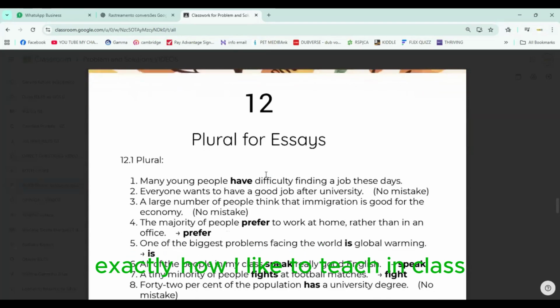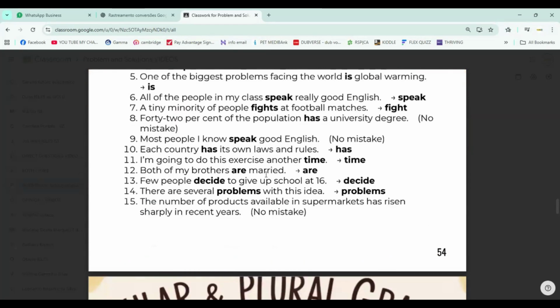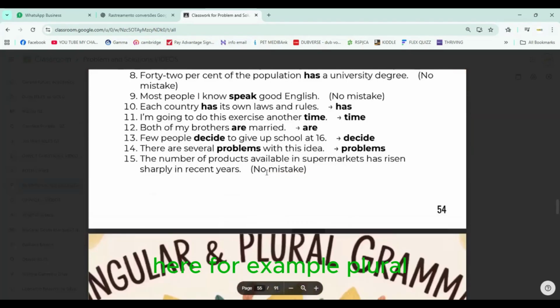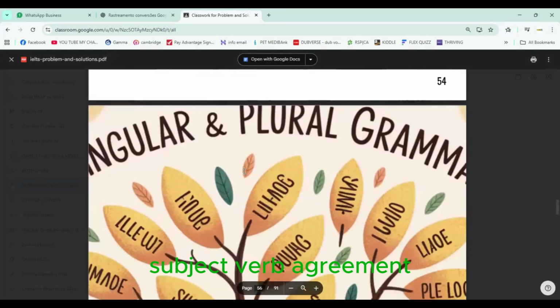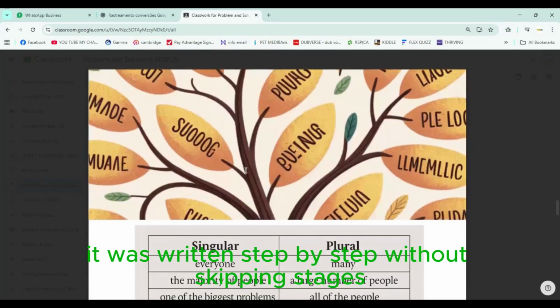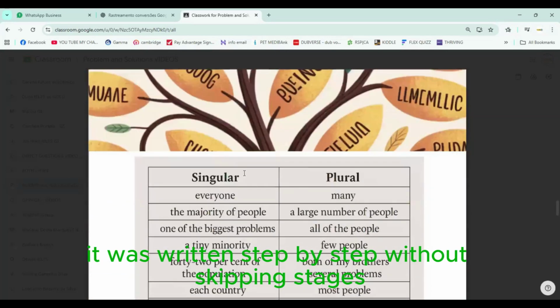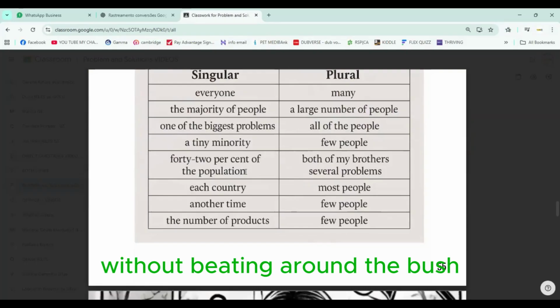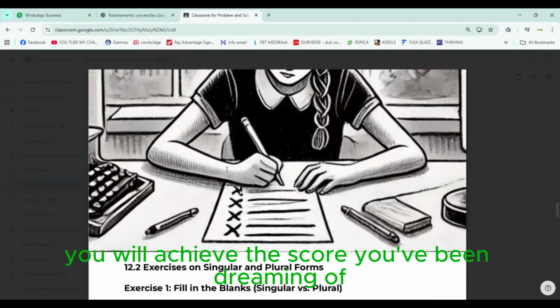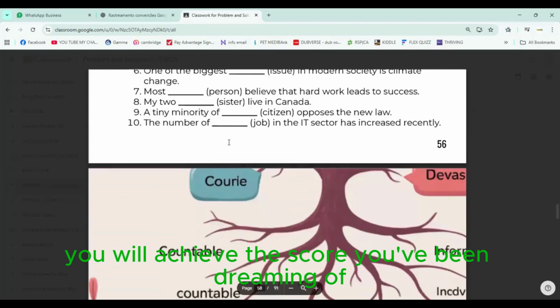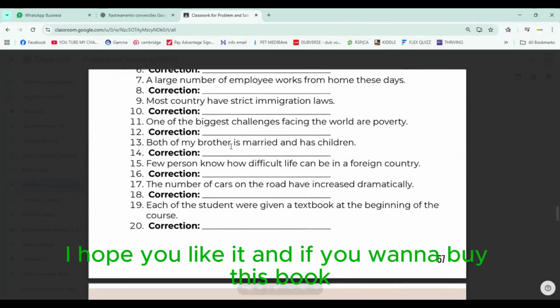Exactly how I like to teach in class, step by step. Here, for example, plural, very important. Subject-verb agreement. It was written step by step without skipping stages, without beating around the bush. If you follow the book in order, sentence by sentence, you will achieve the score you've been dreaming of. I hope you like it.